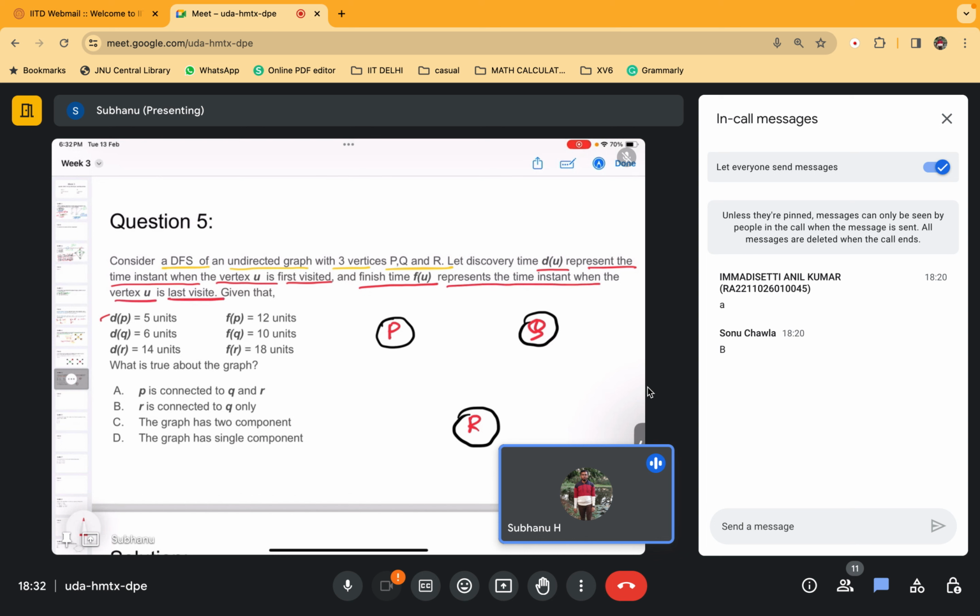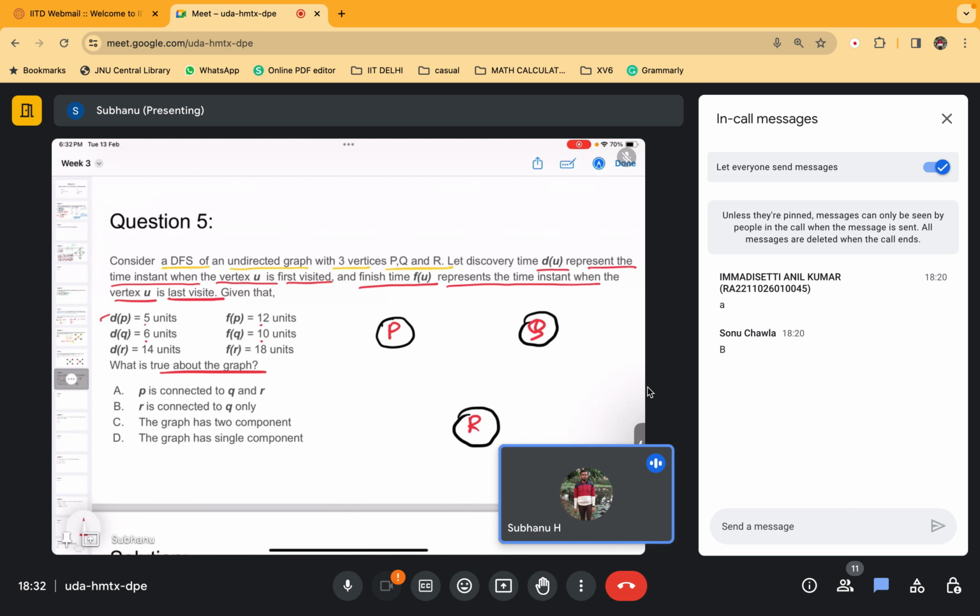So you first visited p node at 5 units, you first visited q node at 6 units, you last visited p node at 12 units, and you last visited q node at 10 units. So what is true about the graph? From this DFS traversal, you have to judge how the graph will look.